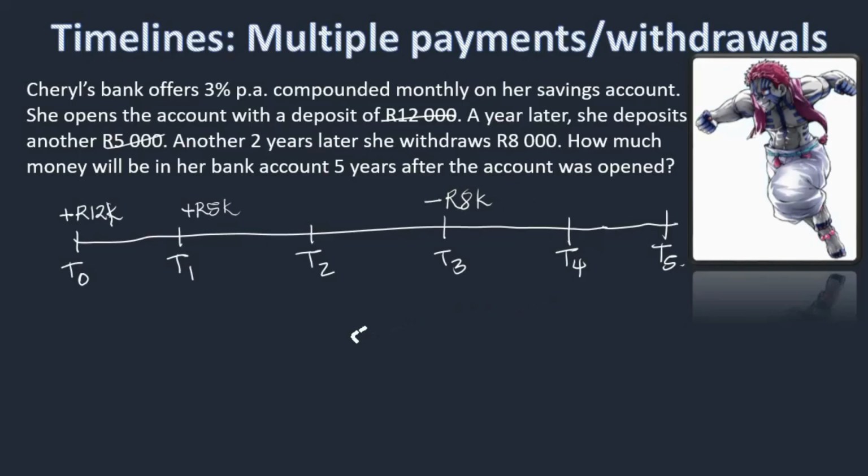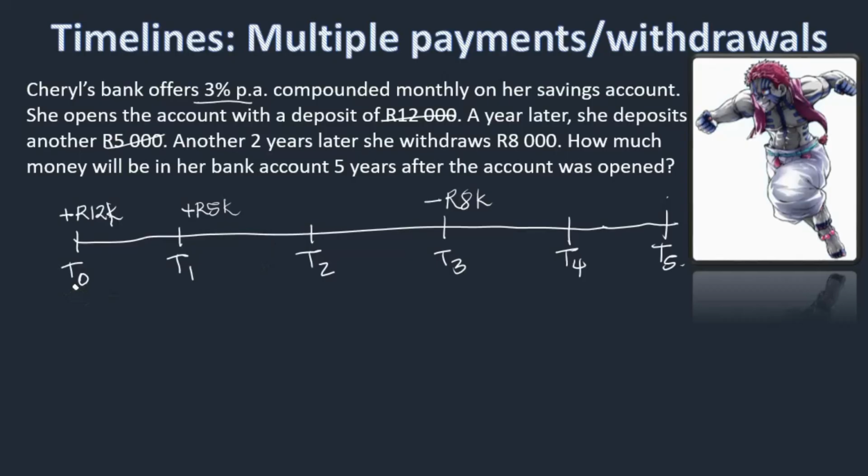Do you see that? And then afterwards, it says, how much money will be in her bank account after 5 years? So we want the accumulated amount here. And then what's happening is that throughout, it's 3%.